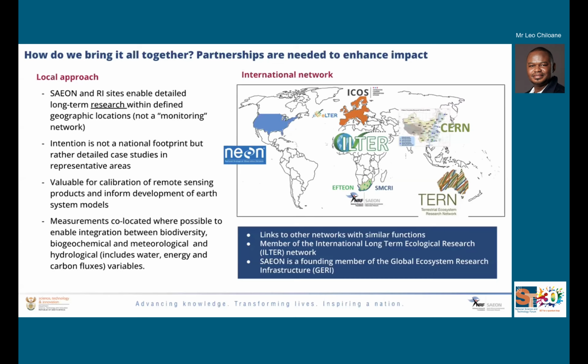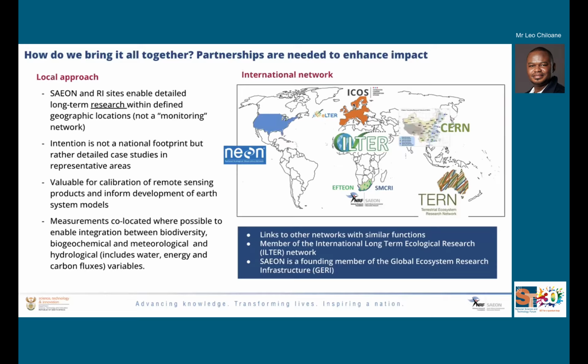There's NEON in the US, which is the National Ecological Observation Network. There's ELTA, which operates in the whole of Europe. It's the European Long-Term Ecological Research Infrastructure. And then there's ICOS, which also operates in Europe.